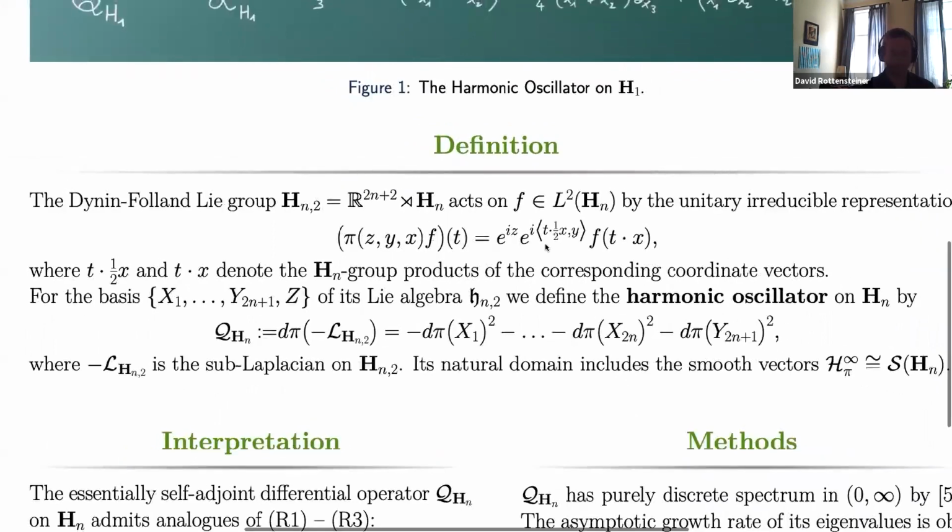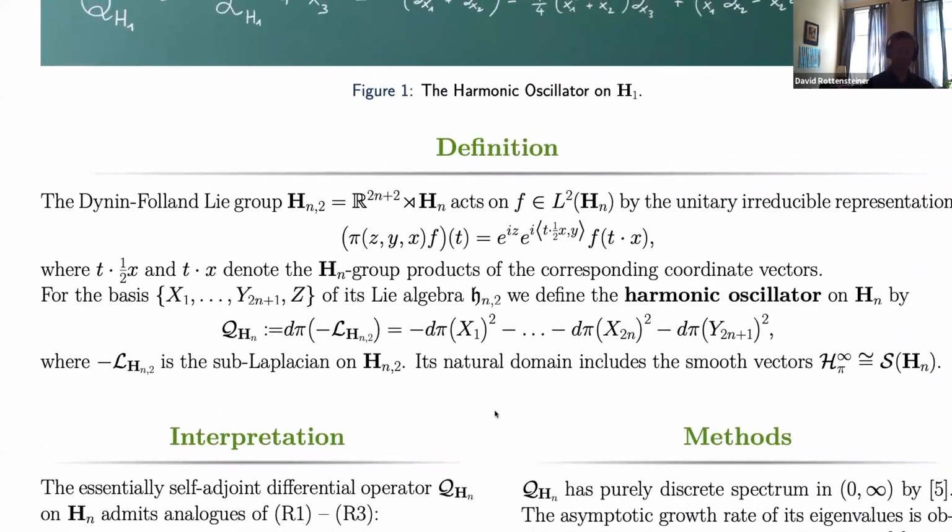This is a three-step nilpotent group, which is stratified, so in particular it's homogeneous. If we consider a standard basis which describes the Lie algebra, and take a sum of squares of the vectors in the first stratum, then we get a natural sublaplacian.